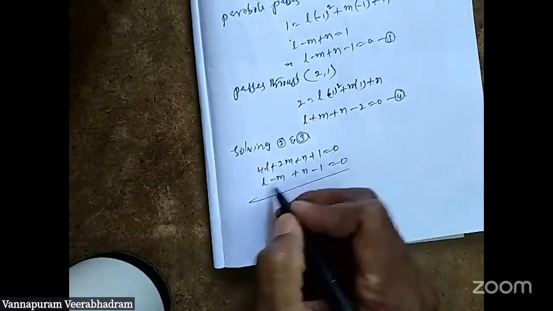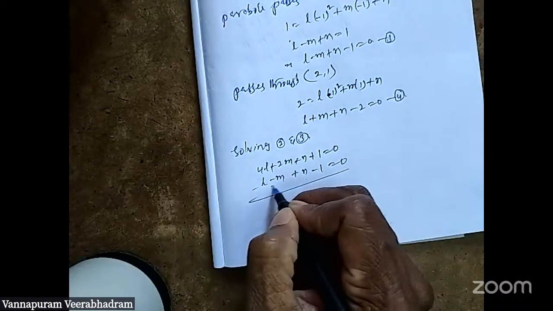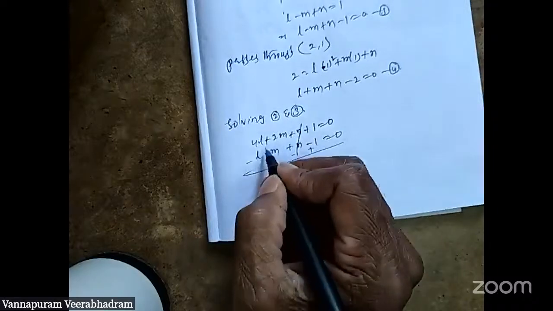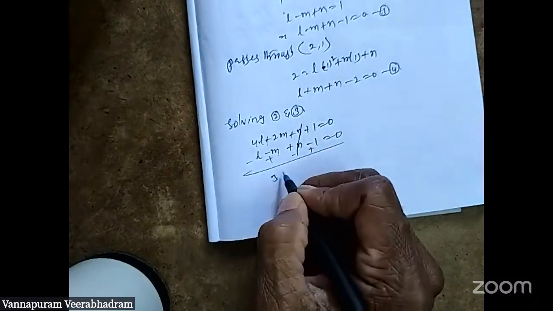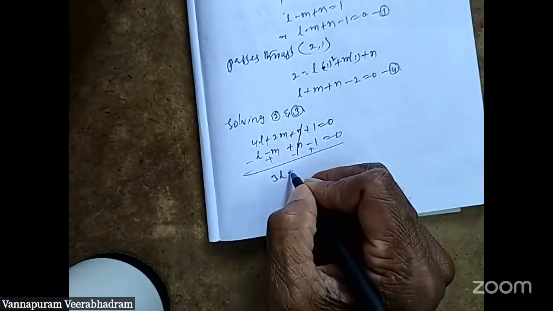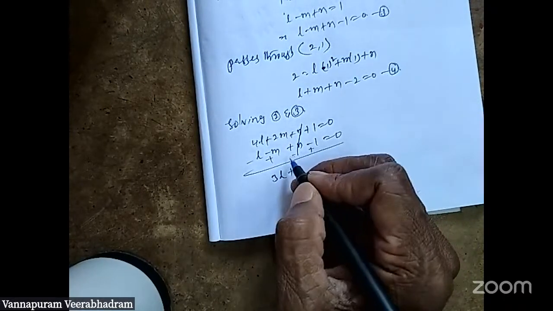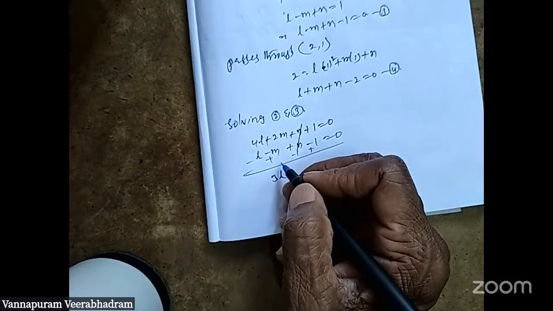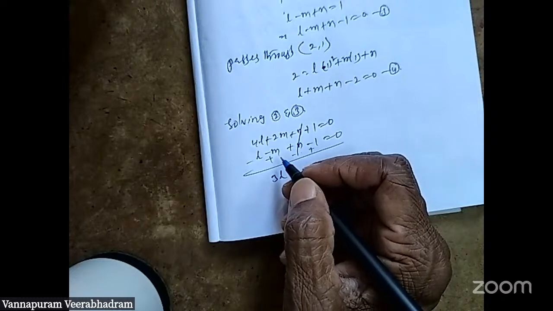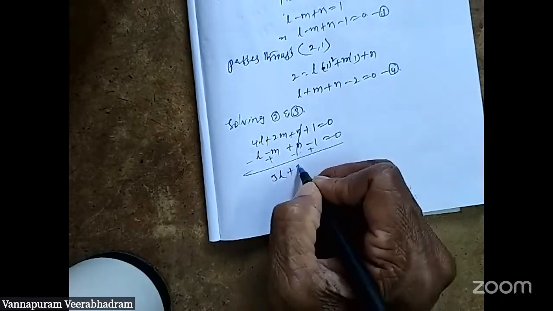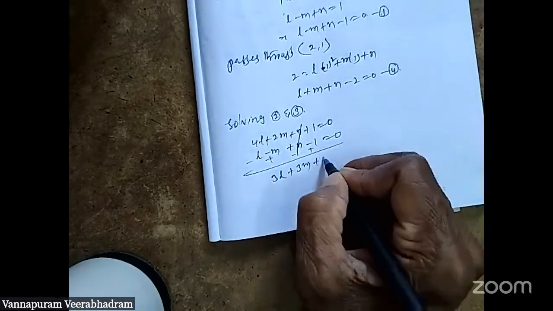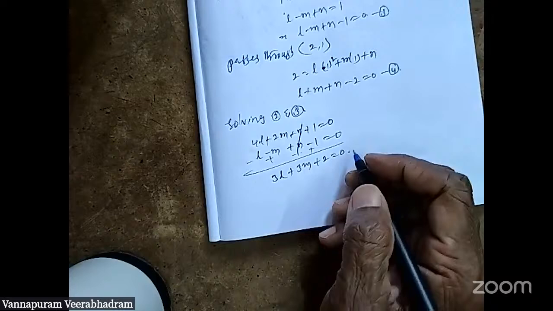On subtracting, N gets cancelled. So 4L minus L, that is 3L, 2M plus M, that is 3M, plus 2 equal to 0.